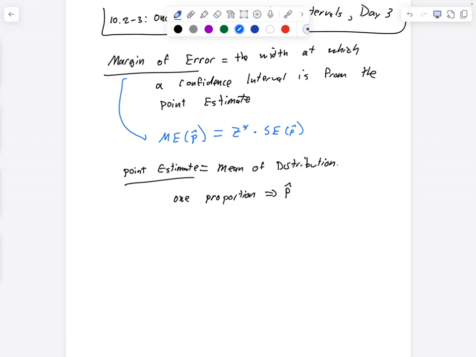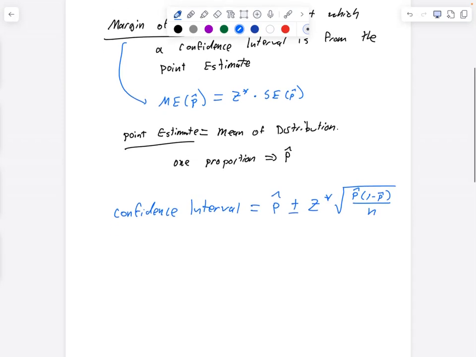All right? So when trying to find a confidence interval, we know that a confidence interval is equal to p hat plus or minus z star times the square root of p hat times 1 minus p hat over n. Now, I want to point out something to you.